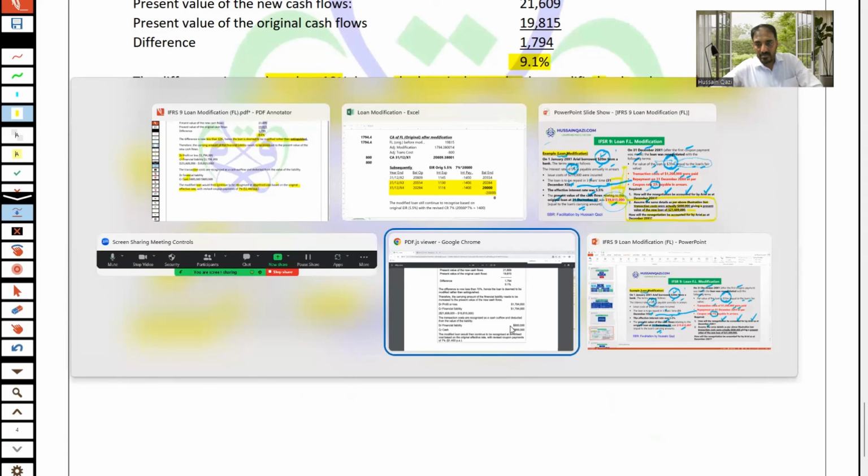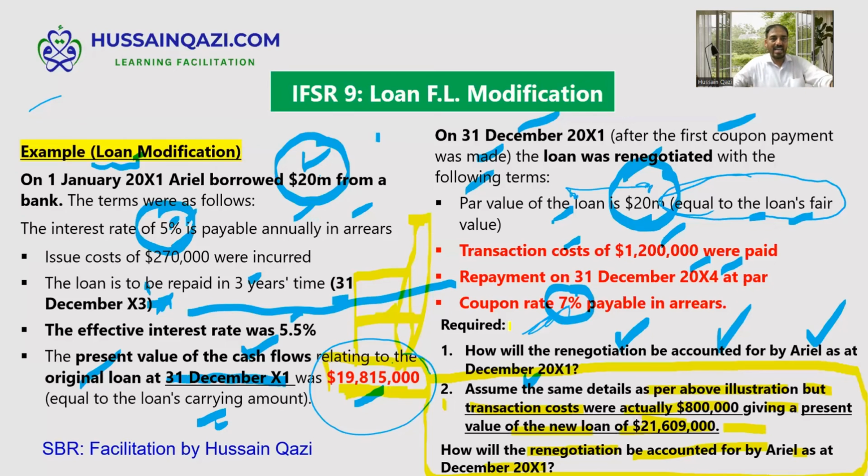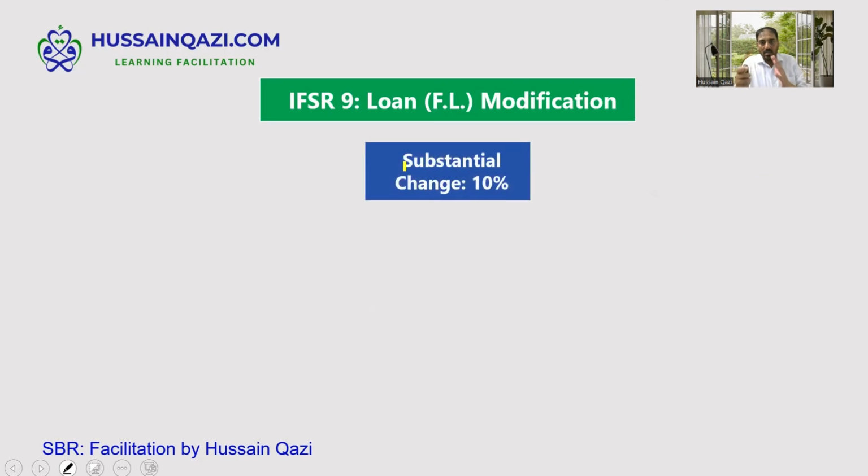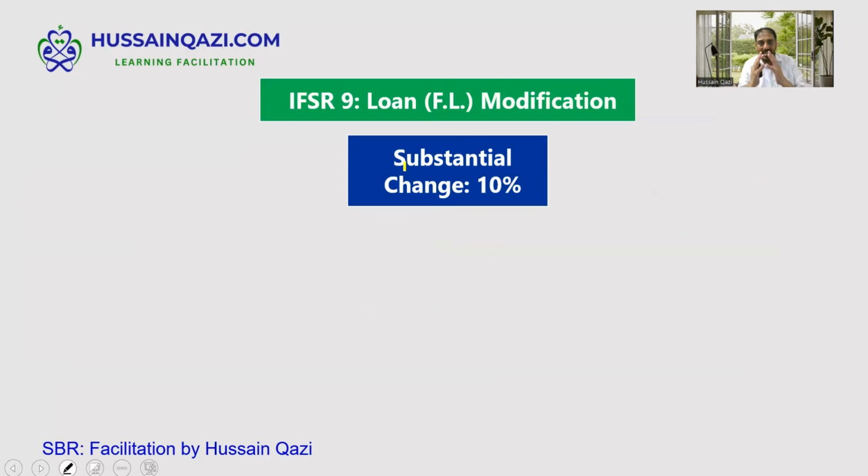Students, the last moment of this topic. To sum up, IFRS 9 financial liability is the content, loan modification is the concept. What we have covered is all based on the substantial change test with the threshold of 10%.